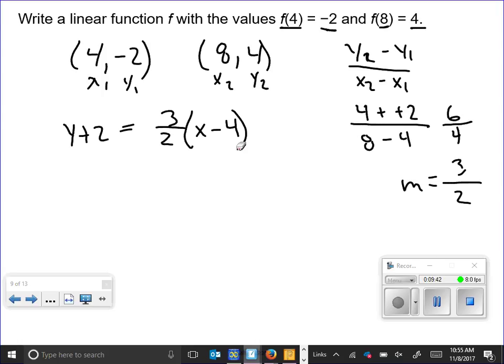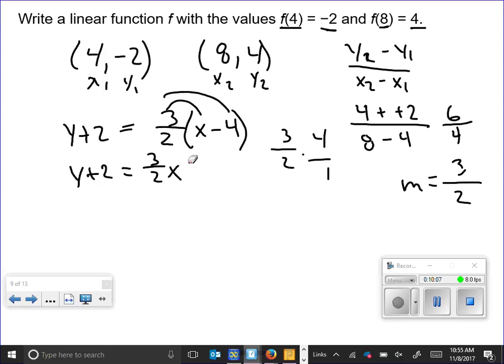All right, so now to change this to slope-intercept form, which is what we wanted, I'm going to distribute my slope. We get 3/2 x, and then if I multiply by negative 4, I get negative 12 over 2. Think about it like this. So I get negative 6. 12 over 2 is 6.